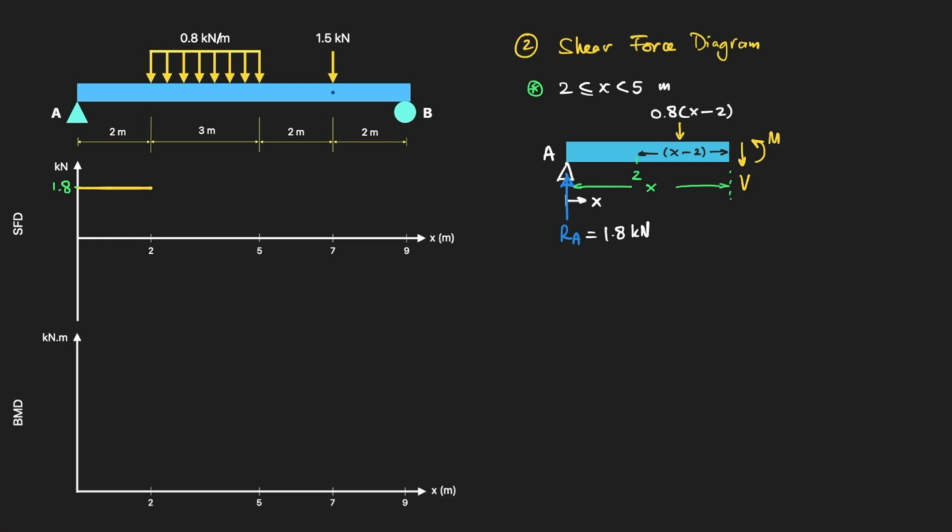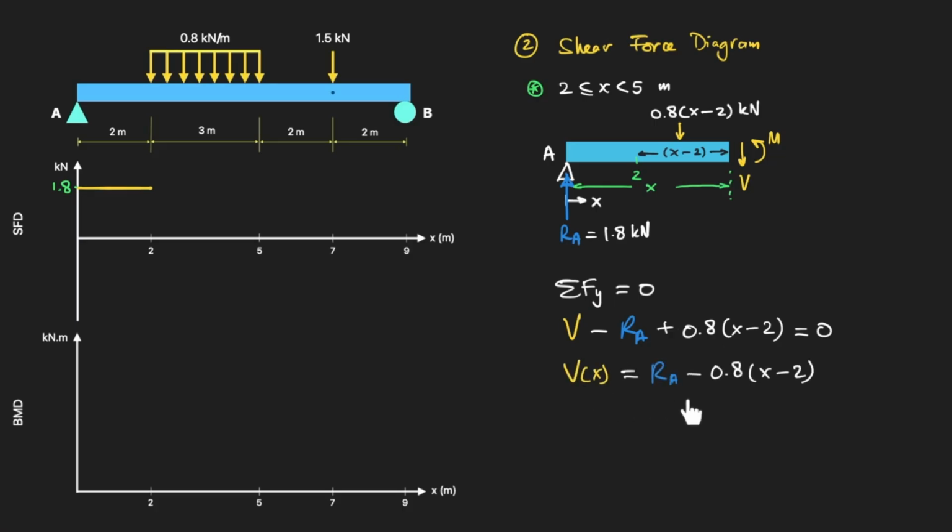Therefore, sum of vertical forces equals 0. V minus RA plus 0.8 times (x minus 2) equals 0, and V equals RA minus 0.8 times (x minus 2). From this equation, at x equals 2 meters, this term becomes 0, so V is 1.8 kilonewtons.